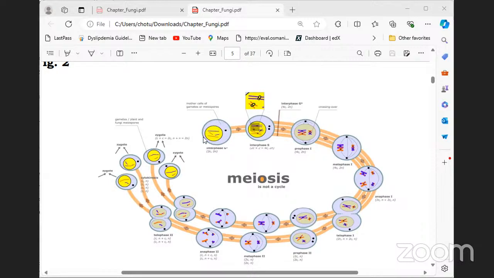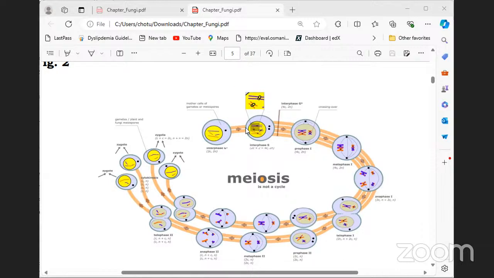Meiosis 1 is the first division. In prophase 1 there are many phases: leptotene, zygotene, pachytene, diplotene, diakinesis, like that. After this, prophase, metaphase 1, anaphase 1, telophase 1.